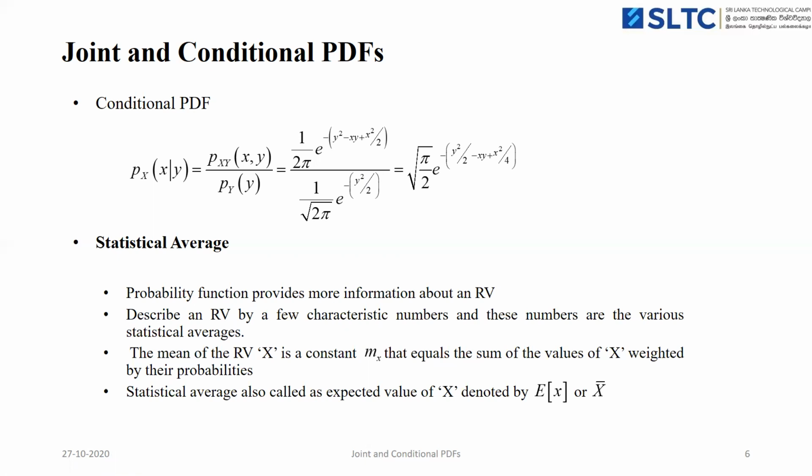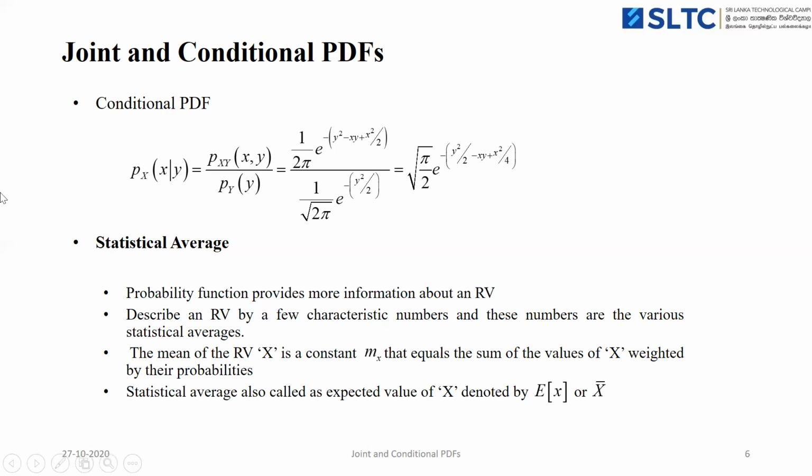From that we can get the information about the random variable, and we can describe the random variable by a few characteristic numbers. For example, the mean of the random variable and the variance of the random variable we can call characteristic numbers of the random variable.